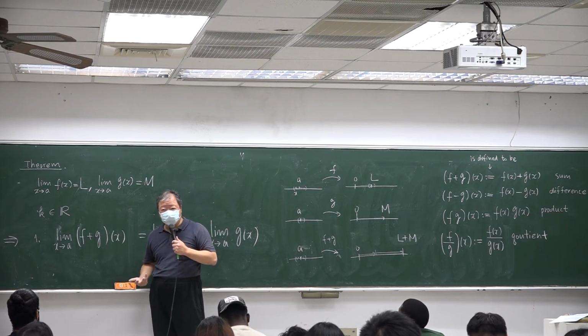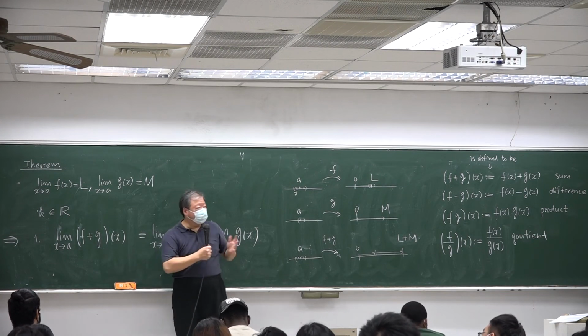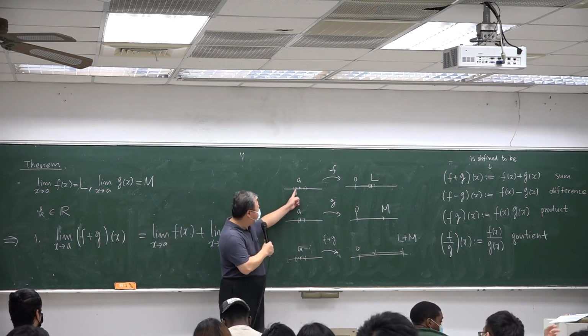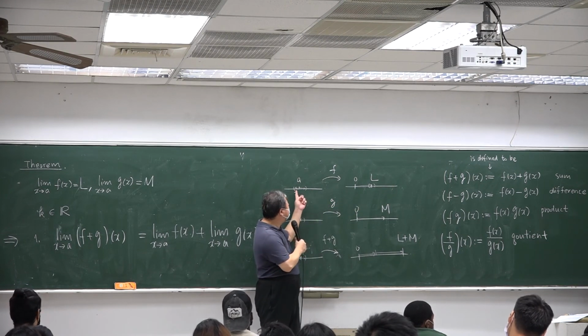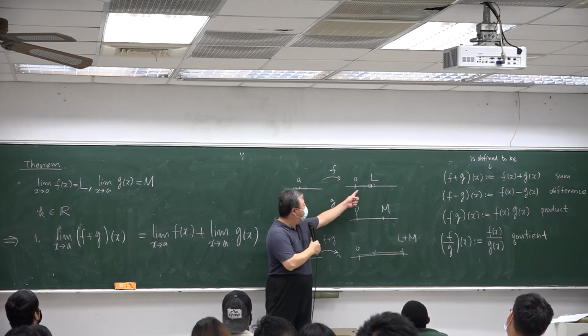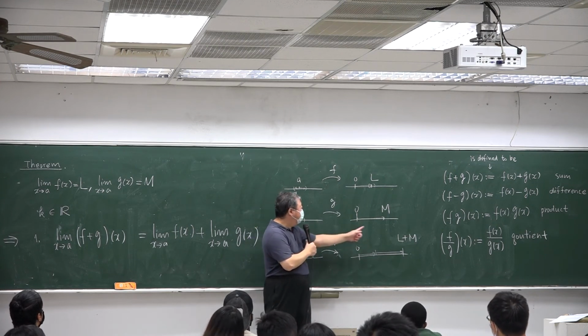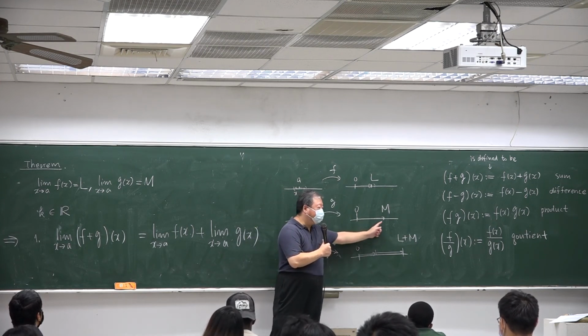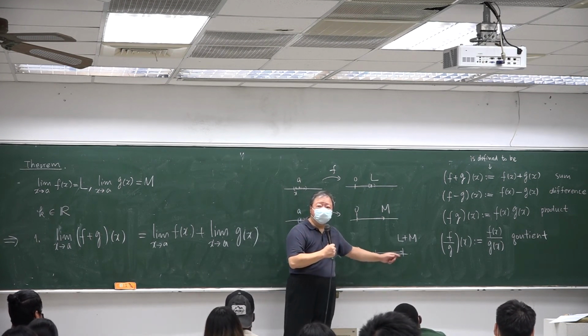Preserves addition. 就是说，这个定理呢，虽然很直觉告诉我们，当 x 很靠近 a 的时候，它很靠近 L。For example, x very close to 3, f almost 5, g almost 8. Then the sum is almost 5 plus 8, 13.